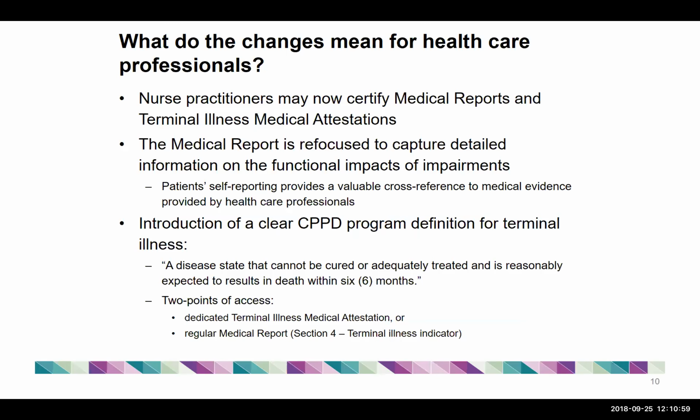Another big change is that we have introduced a clearer definition for terminal illness. In the past, we've always had a fast queue or an expedited processing queue for terminal cases, but we didn't have a formal definition. And what we were finding was that terminal is subject to interpretation.